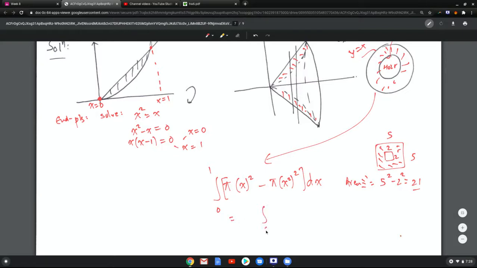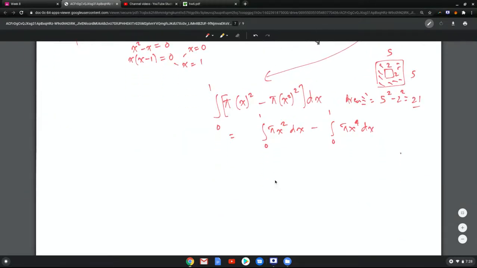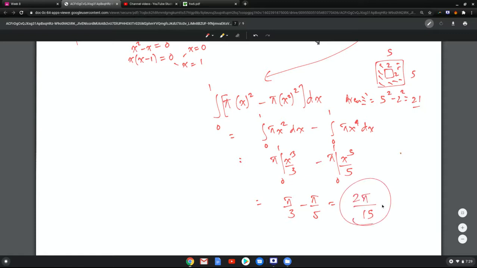So this comes out to the integral from 0 to 1 of pi x squared dx minus the integral from 0 to 1 of pi x to the 4 dx. This becomes pi x cubed over 3, 0 to 1, minus pi x to the 5 over 5, 0 to 1. That's pi over 3 minus pi over 5, which gives me 2 pi over 15. So that is the volume.